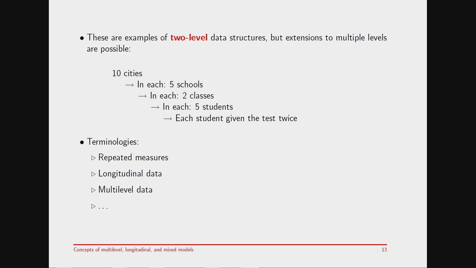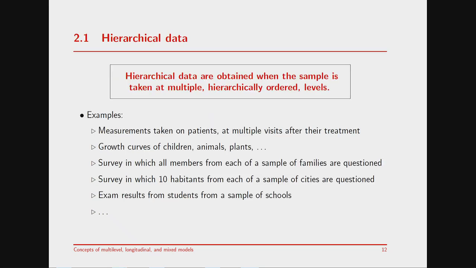People sometimes also refer to longitudinal data. The example with the patients or the growth curves are typical examples of longitudinal data. Longitudinal data is a very special case of these hierarchical data, in the sense that your repeated measures are always taken over time. There is like this time dimension.